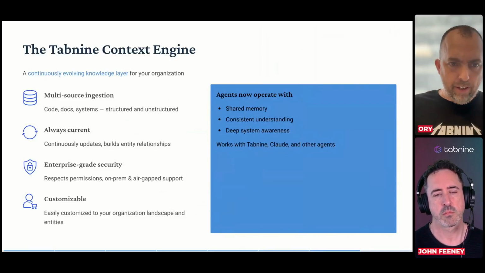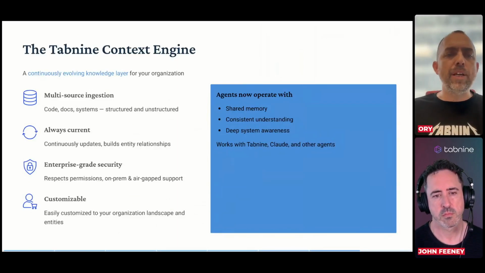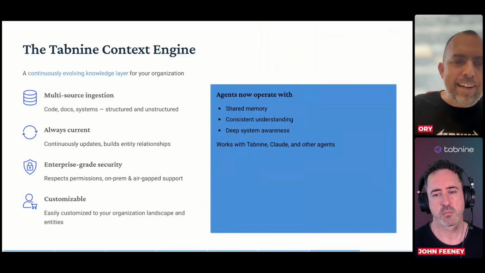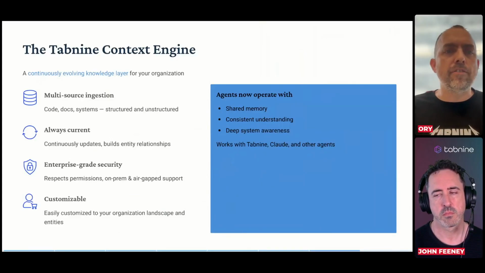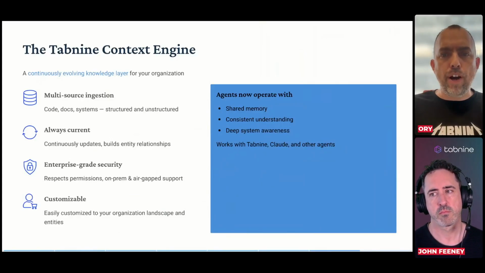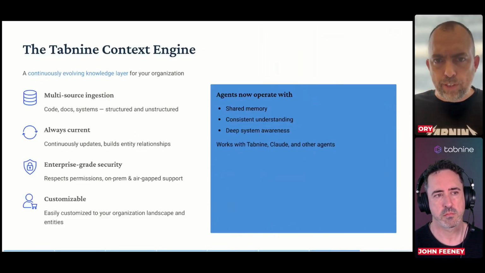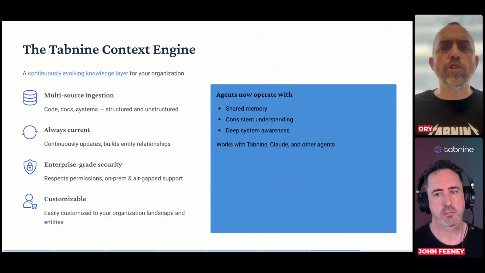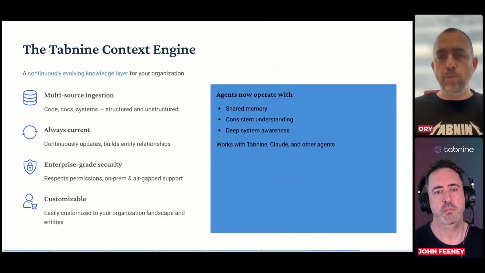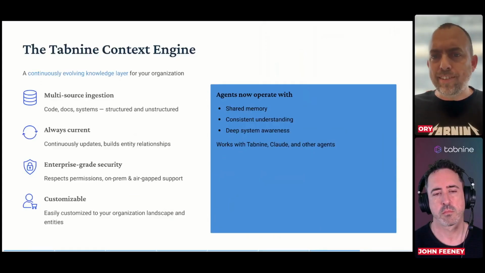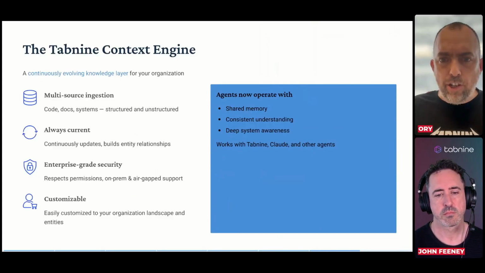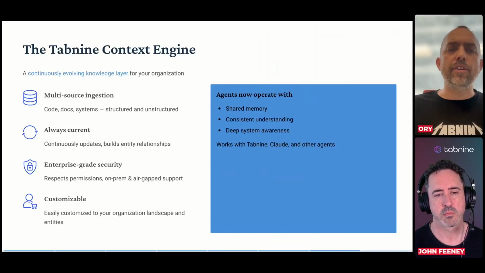It has enterprise-grade security and is customizable, which means that the platform is agnostic to the different types of data and knowledge that you provide to it, and that you can create the different relationships that you want or need between them. Once you have that, agents can operate with shared memory, consistent understanding, and deep system awareness, regardless of the agent that you're working with, and regardless of the LLM that you are working with.